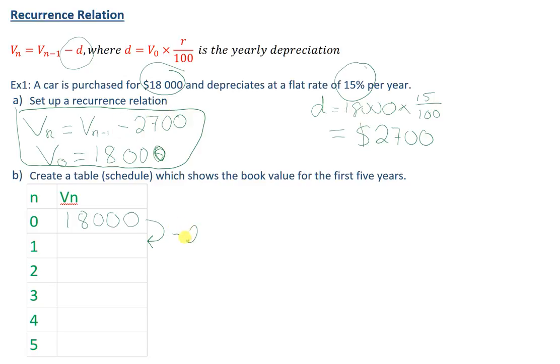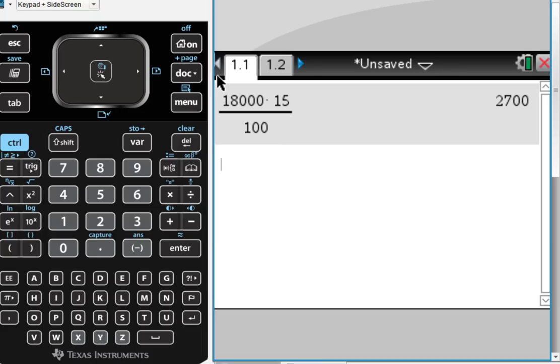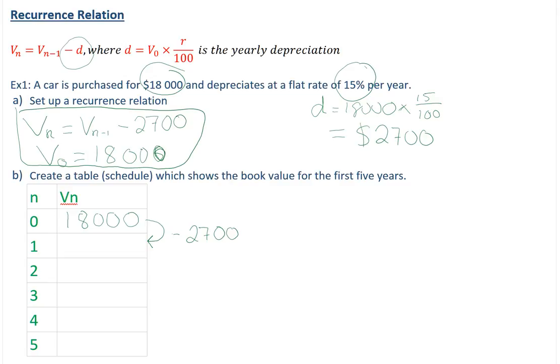So if I do 18,000 minus 2,700 on the CAS, I press enter. Okay, I get my answer, $15.3 thousand. So I go back here and get $15,300.